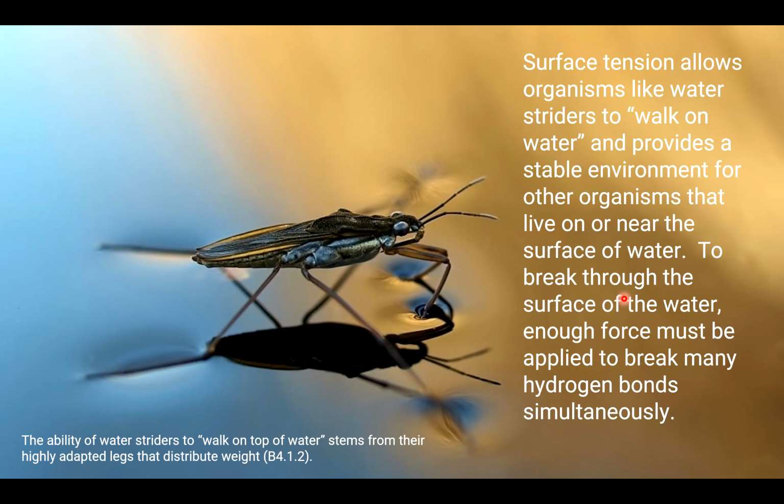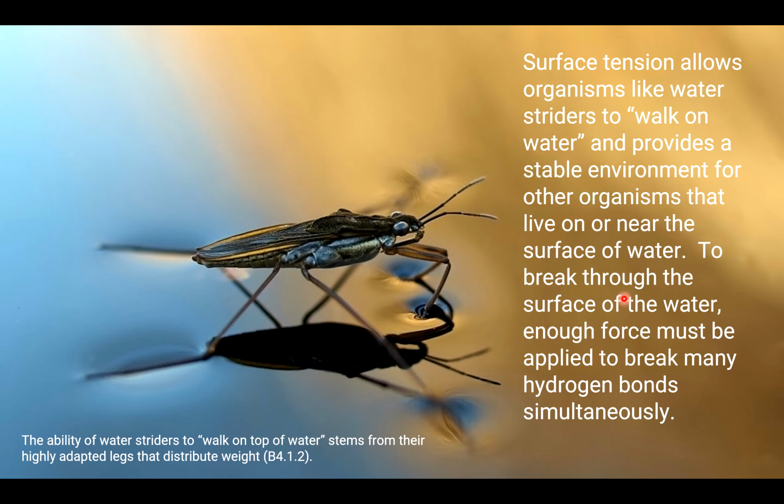This is an example of surface tension, like a water strider walking on water, providing a stable environment for organisms that live on the water surface, right? To break through the surface of the water, enough force must be applied to break not only one but many hydrogen bonds, and that is not possible for a few insects.